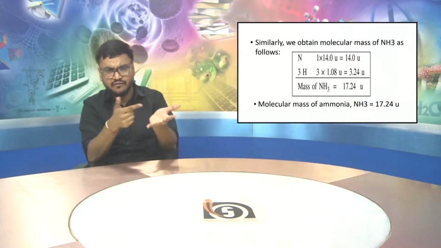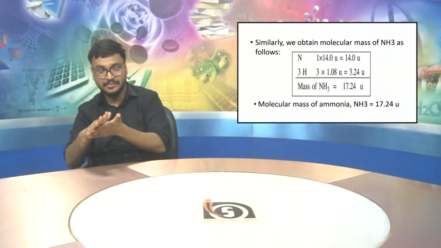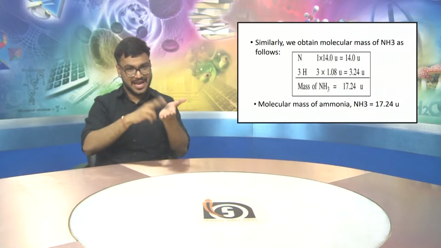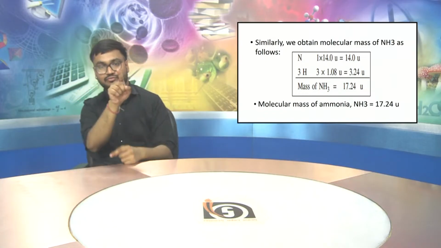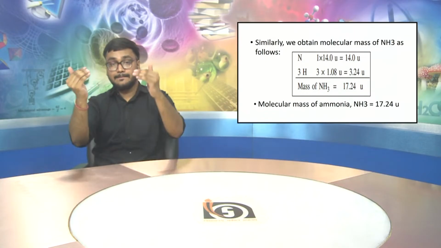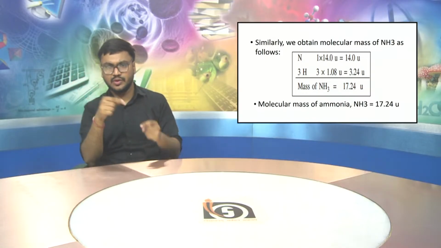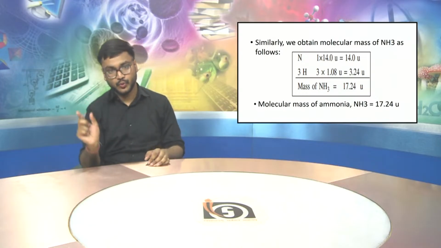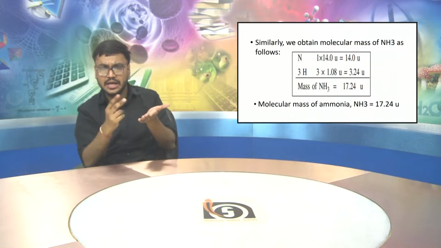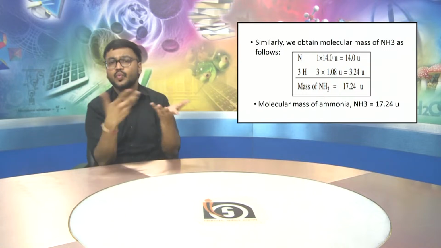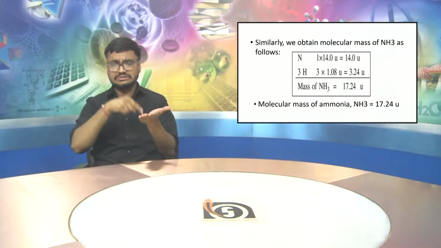Similarly, if we obtain the molecular mass of NH3, which is ammonia, we get 1 nitrogen atom with 3 hydrogen atoms, so it is written as NH3, and by combining them we get 17.24 units, which is the molecular mass of ammonia.